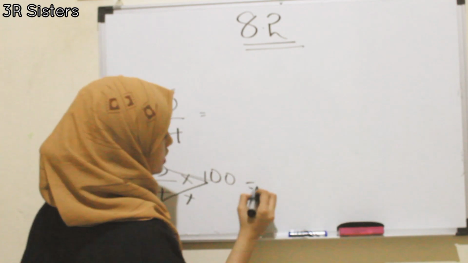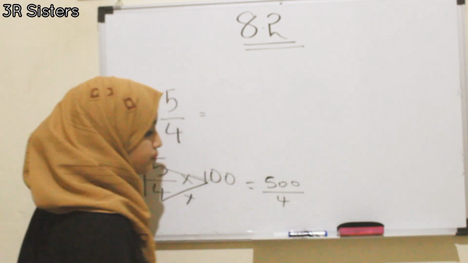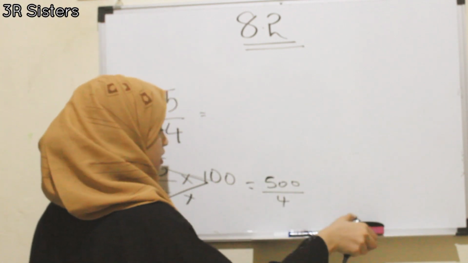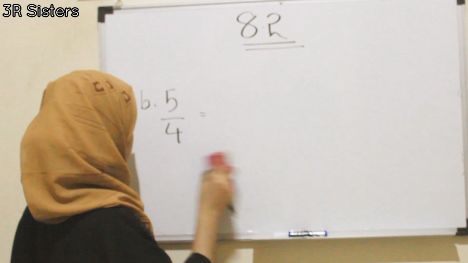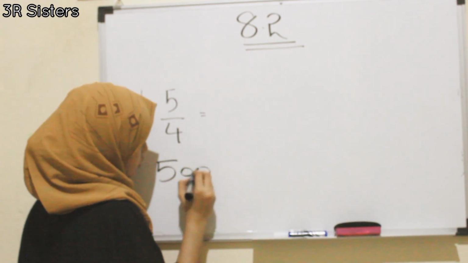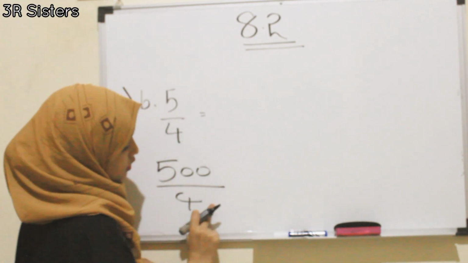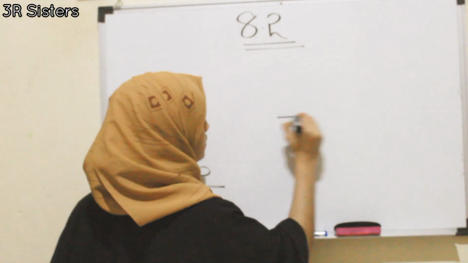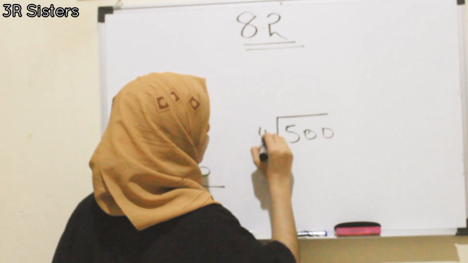So 5 into 100 is equal to 500 and the denominator is same. Now we got 500 by 4. Now we have to divide 500 by 4.